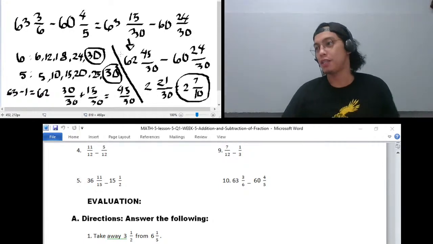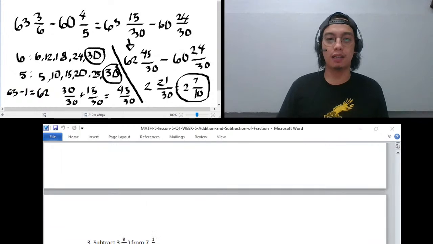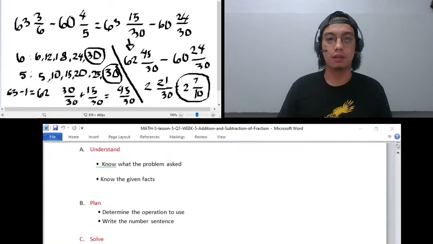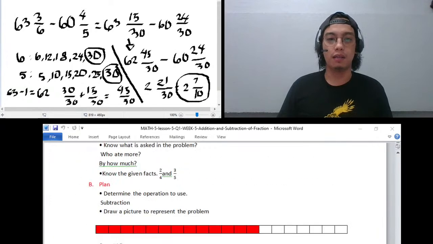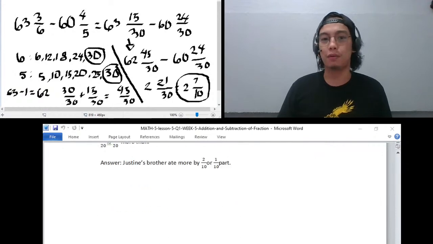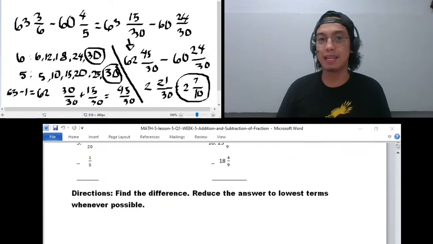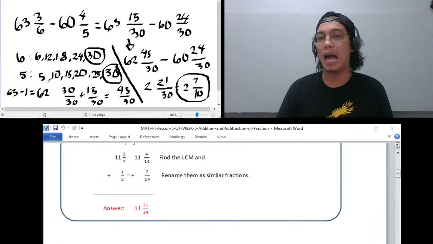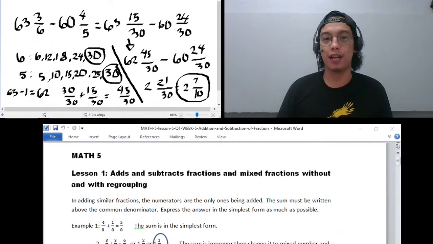Whew! So that's it. The long ones take time, but we can't hold our time with this one. But that's it. That's the basic way to add and subtract fractions.